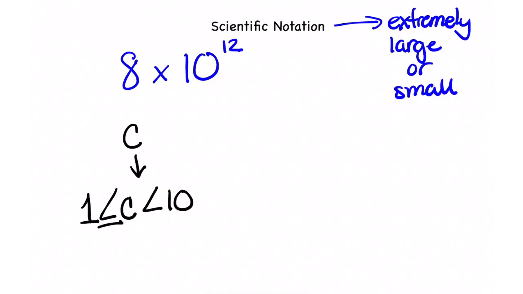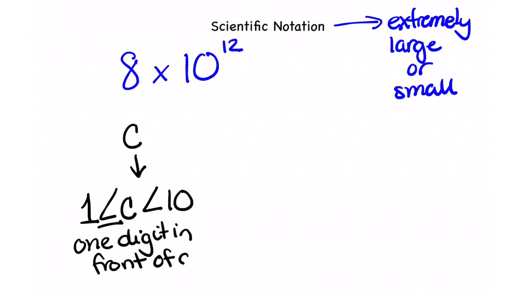Most of the time we'll recognize that it's 1 digit in front of a decimal. That's my cheat for it, as long as there's 1 digit in front of a decimal.